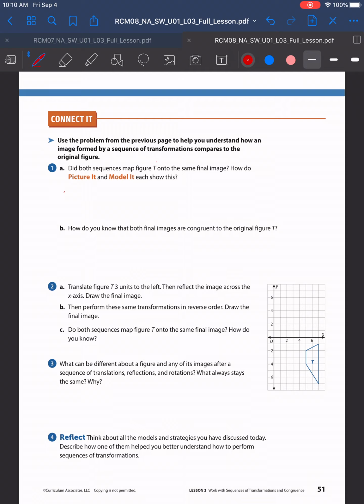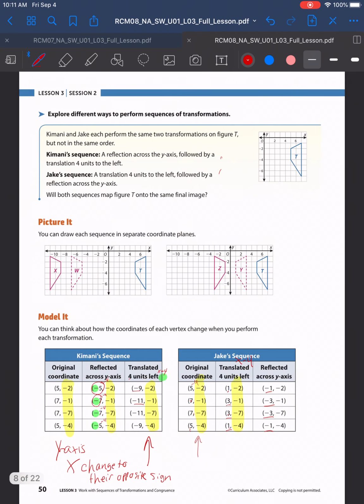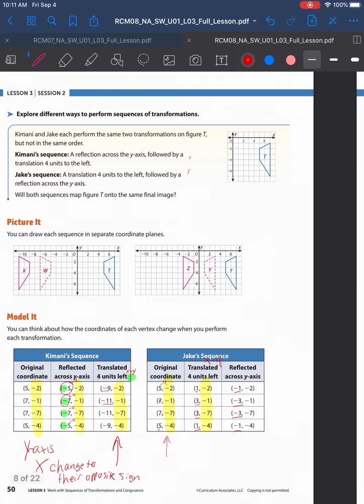So no, comma, picture it shows us the figures in two different spots. Model it shows us how the coordinates don't match up.